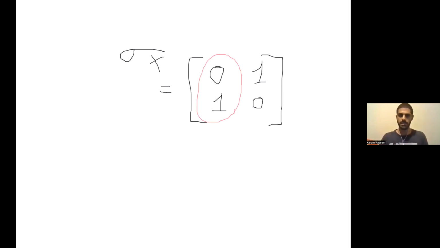This one is the new first basis for the X, and this one is the new one for the Y. It was 1, 0 for ket 0, and 0, 1 for ket 1. So the new one is now 0, 1, and the new one is 1, 0. That's why the X gate does this. This is something cool I would like to share.